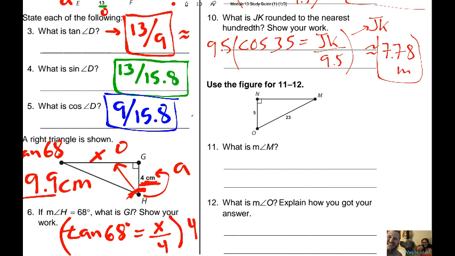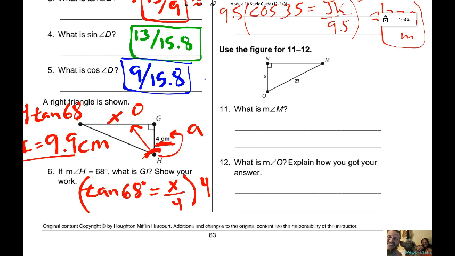All right, number 11. What is angle M? For angle M, we're looking for the angle, so we're going to have to use the inverse function of some trig ratio. Well, we have the opposite, 5, and we have the hypotenuse, the 23, which is across from the 90. So we have an opposite and a hypotenuse, so we'll use the inverse of sine.